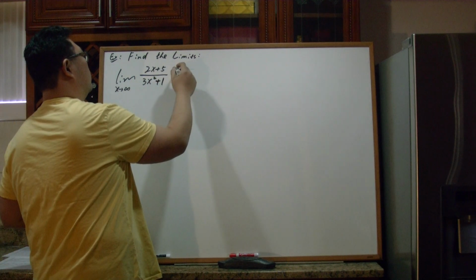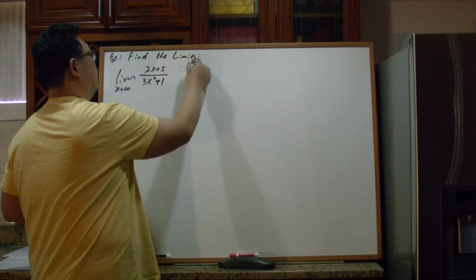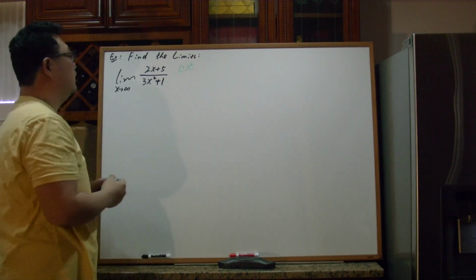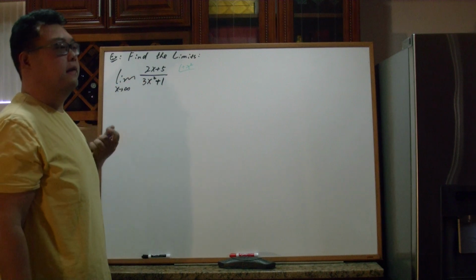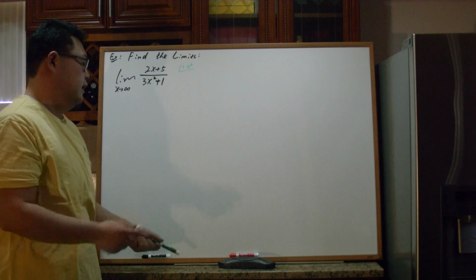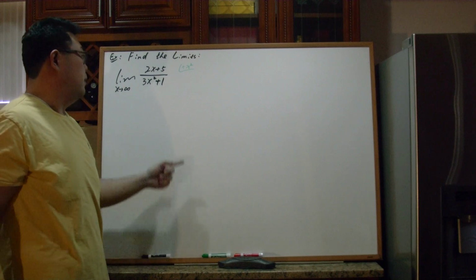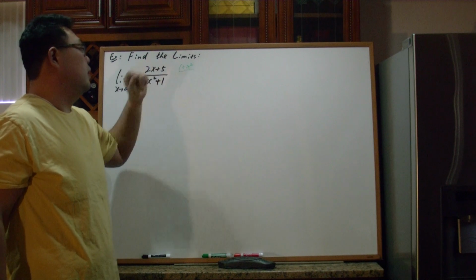What we can do is divide by either x or x squared. Either way will give us the same thing. You can divide by the leading term of the numerator or of the denominator. It doesn't matter which way you do. But personally, I prefer to divide by the leading term of the denominator.